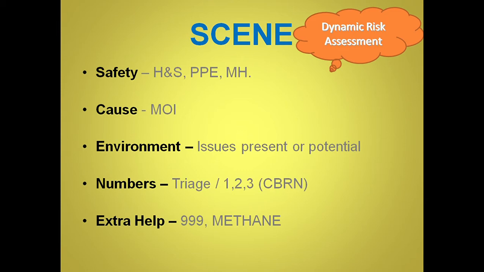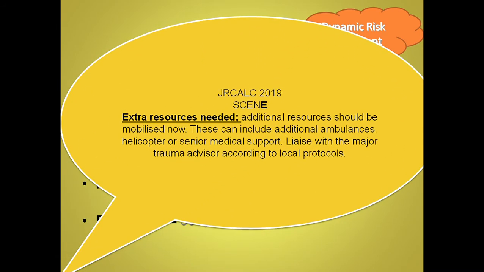So there's our scene assessment from the JR Calc, and what they quote at the end there is the extra resources needed. Additional resources should be mobilised now. These can include additional ambulances, helicopter or senior medical support. Liaise with the major trauma advisor according to local protocols.